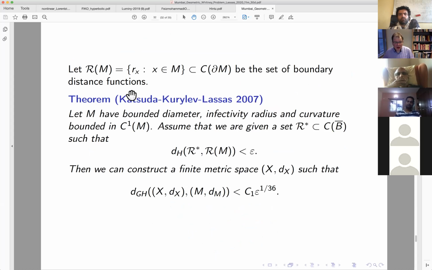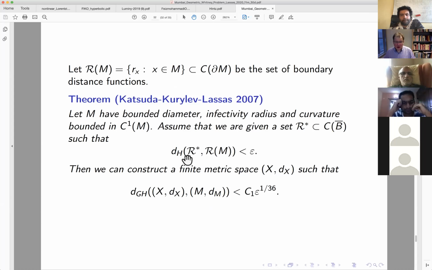Now let's assume that we are approximately given the collection of all boundary distance functions. Then with Katsuda and Kurylev, we showed that if we are given a set of continuous functions, sorry, in this context here should be a boundary of the manifold.